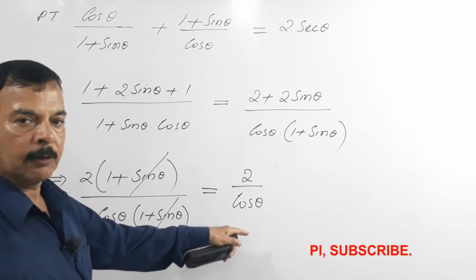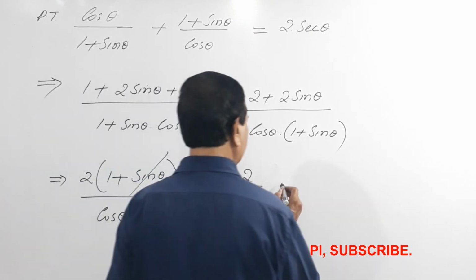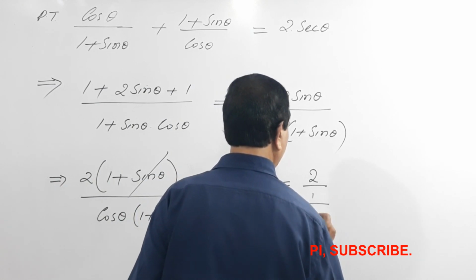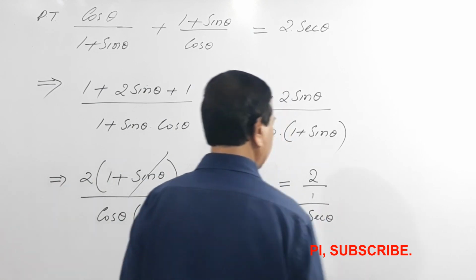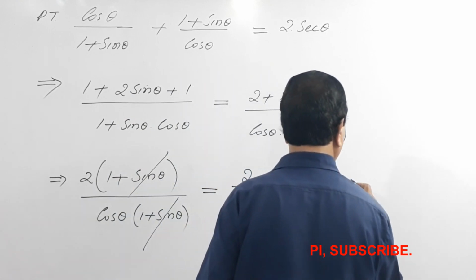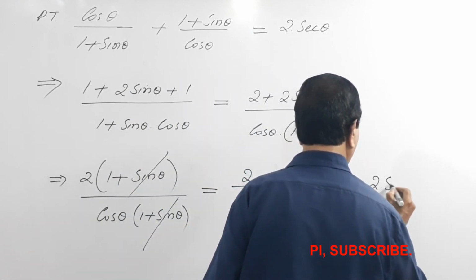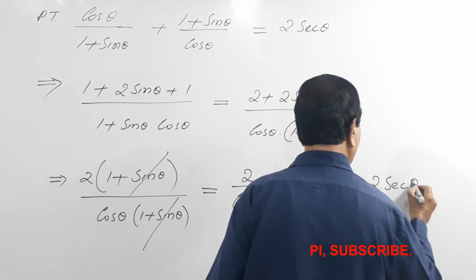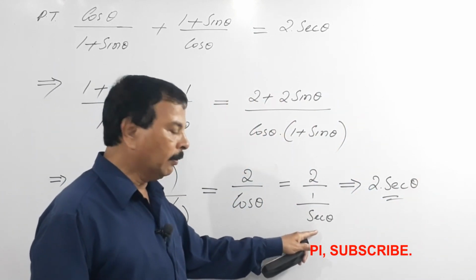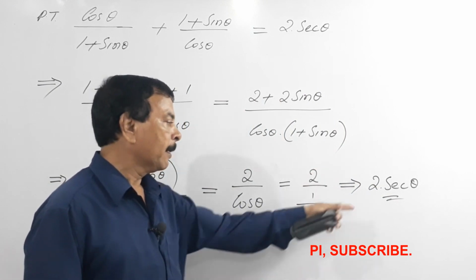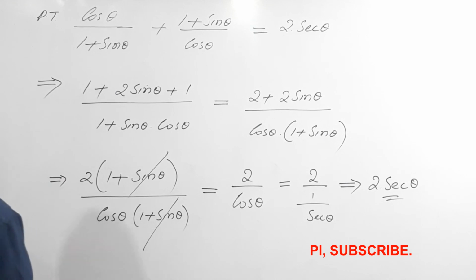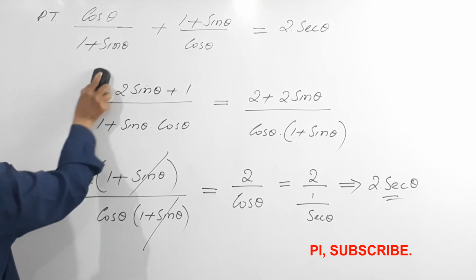The reciprocal of cos theta, 1 by secant theta. That is nothing but 2 by 1 by secant theta, which is nothing but 2 into secant theta. Correct? The denominator goes to the numerator. So that becomes this. So I rub this.